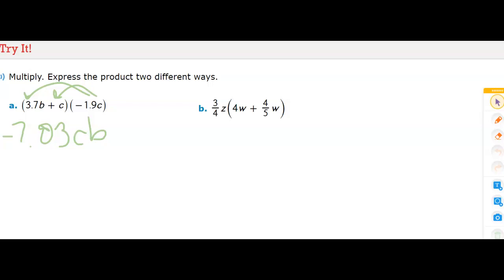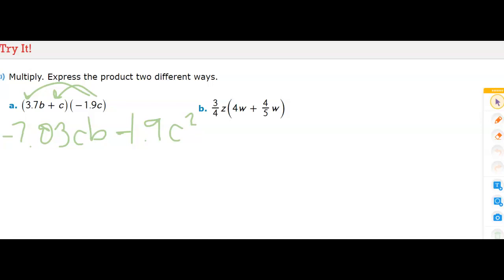And then we have 1 and 9/10 times 1, which is the invisible 1 in front of C. So that's going to be a negative 1 and 9/10 C squared, because there are the two C's here.